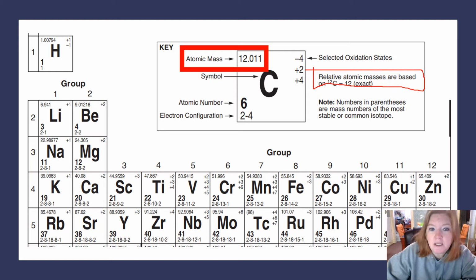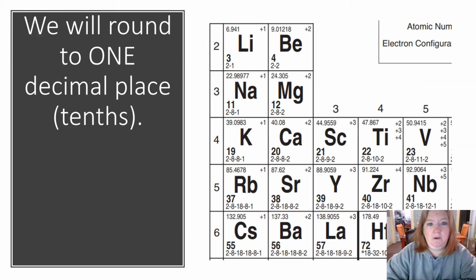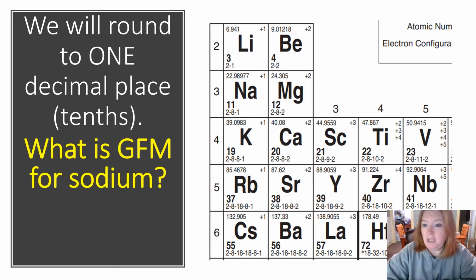So here's where we're looking to find the gram formula mass, the molar mass, the formula mass for monatomic elements. So, and we're going to round for our purposes to the decimal place of tenths. So 1 digit after the decimal. If it rounds to a whole number, you don't need to write 0.0, you can just write the whole number. So let's look at sodium.